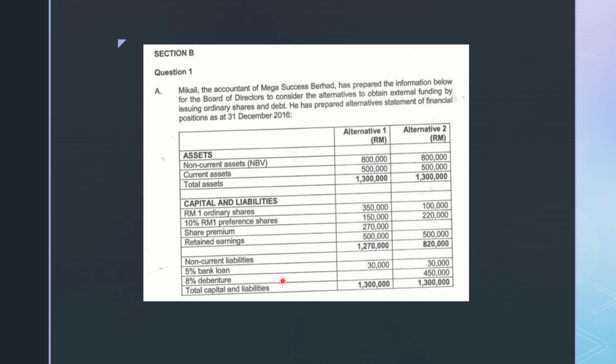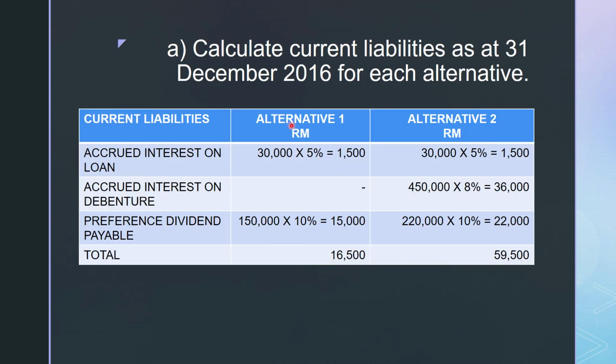Therefore, there are three items of current liabilities. For the calculation of accrued interest on loan, the total amount of bank loan is 30,000 times the interest rate 5%, equal to 1,500 for both alternatives.